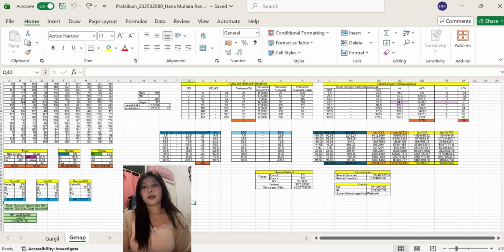To get a more mathematically robust measure of spread, we calculate the variance and standard deviation. The sum of the squared deviations multiplied by the frequency is 374,763.14.